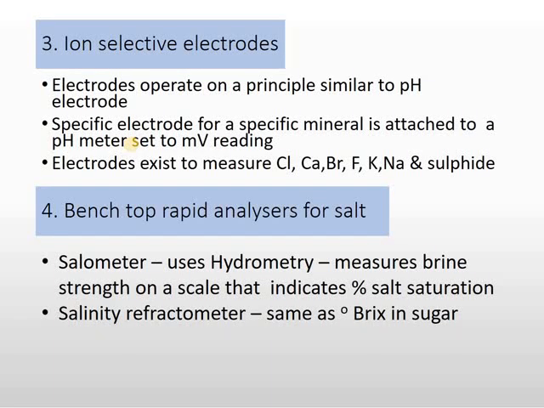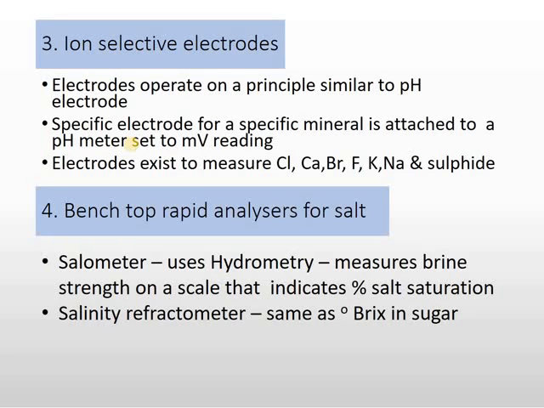So each time you want to analyze for that mineral, you use that specific electrode, because it can detect that mineral based on the configuration of chemicals in there that are sensitive towards that mineral. The specific electrode is attached to a pH meter, and the determination of the ion's concentration is done by measuring the electrical potential.